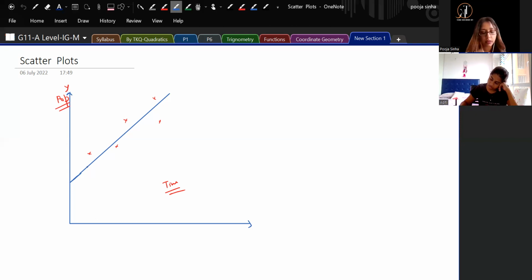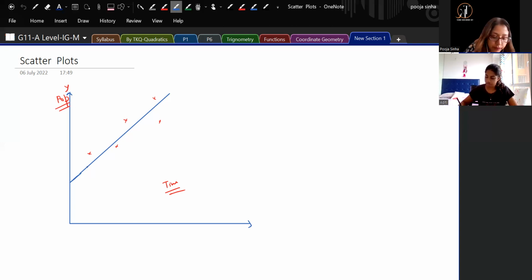Next point, do not try to make the first and the last point connect. Okay, next, line of best fit must represent a trend. I'll tell you what trends are, okay? After this.